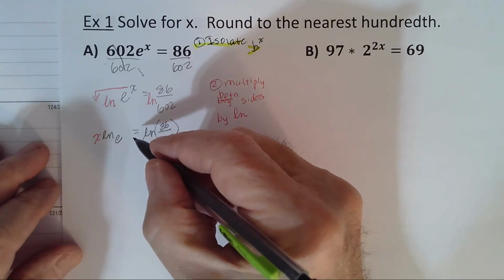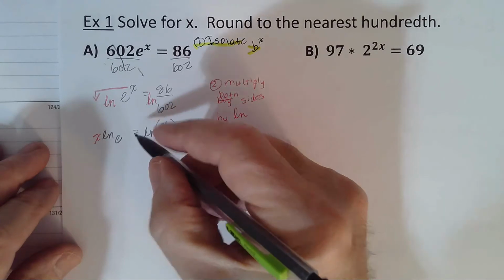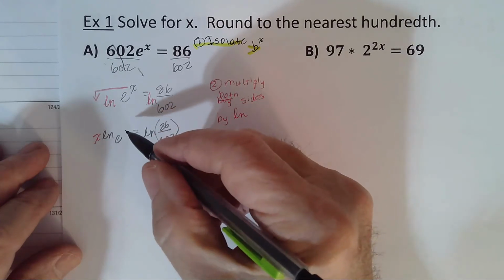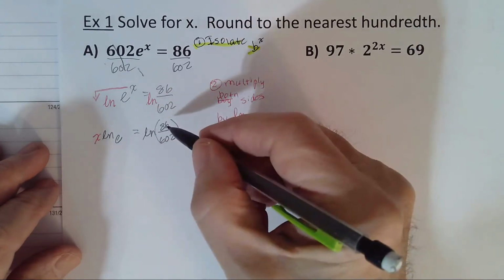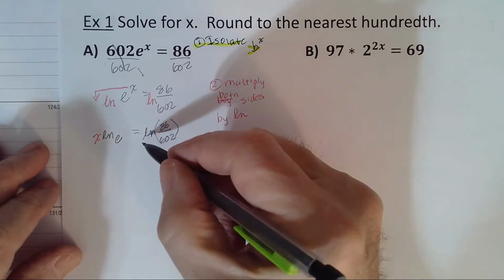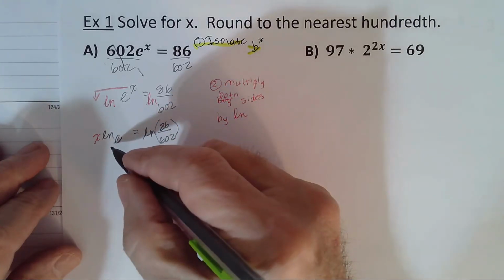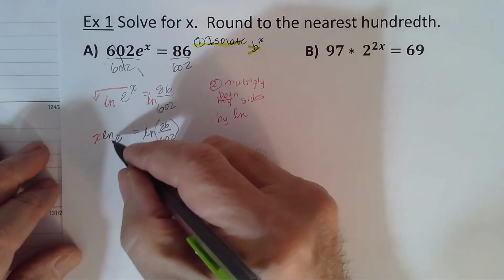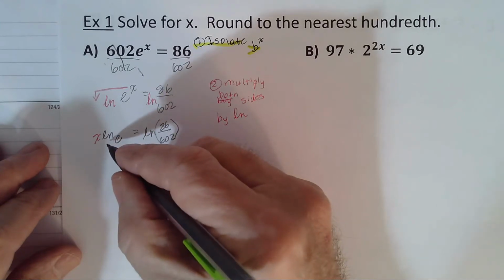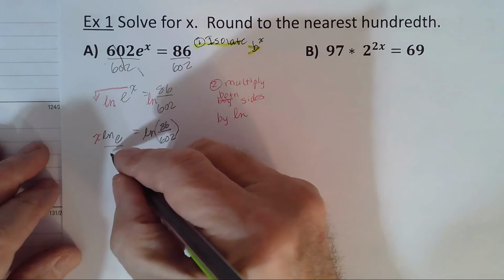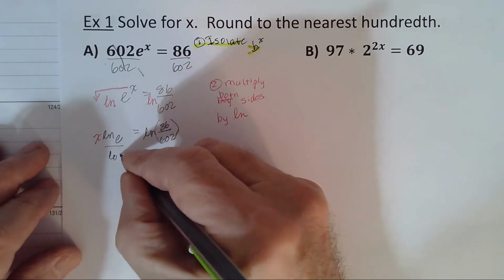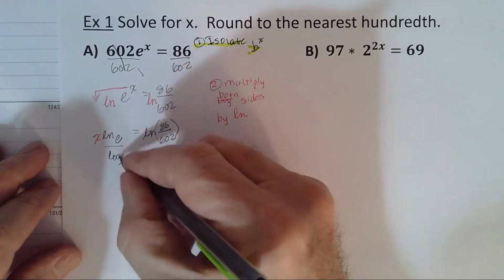All right. So now what I want to do is get rid of the natural log, if I can, and get x by itself. So what I would have to do is divide. I want to divide all this by the log of e, which is natural log, the natural log of e.